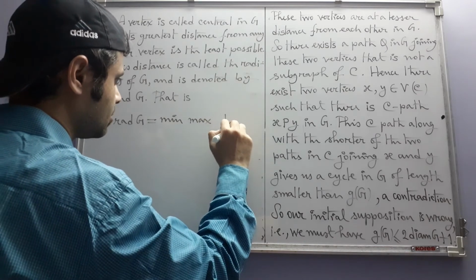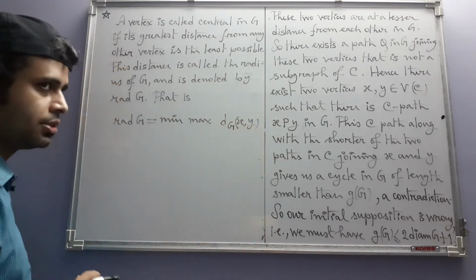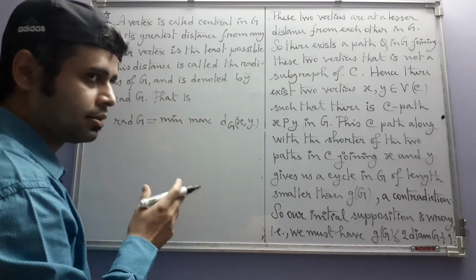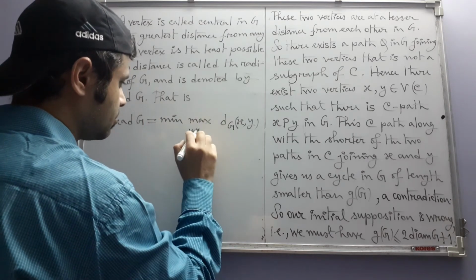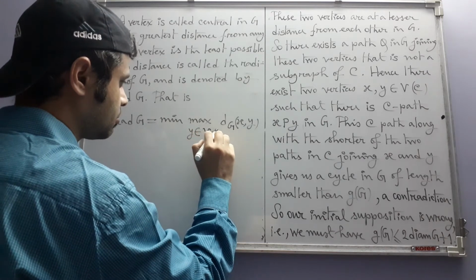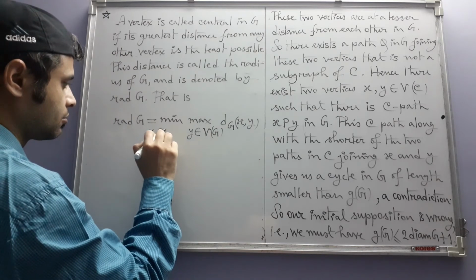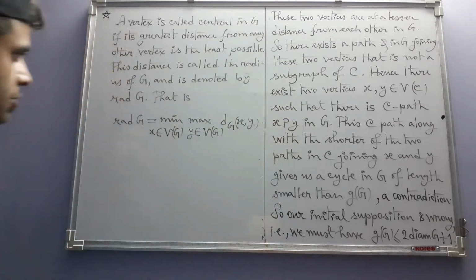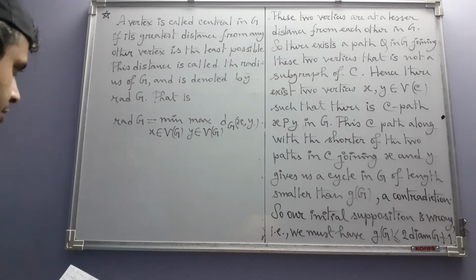This may seem somewhat, actually admittedly quite, confusing at first, but we will try to illustrate this with an example and then we will see what the notion is. So what does it mean actually? Let's draw a graph and see what it means.